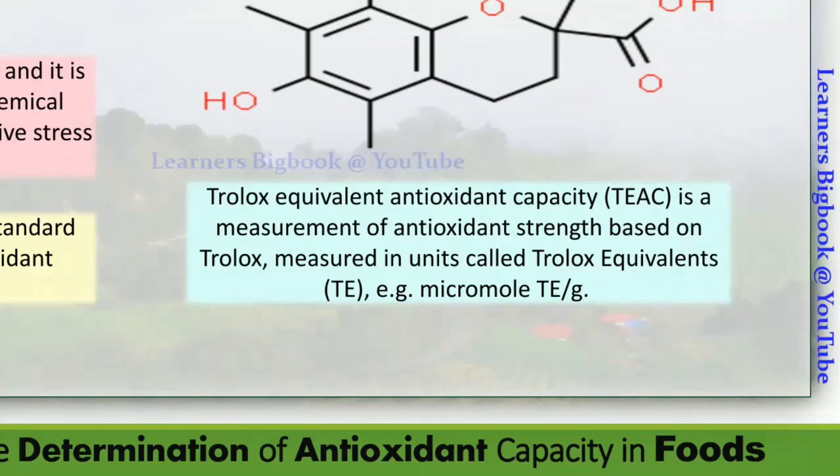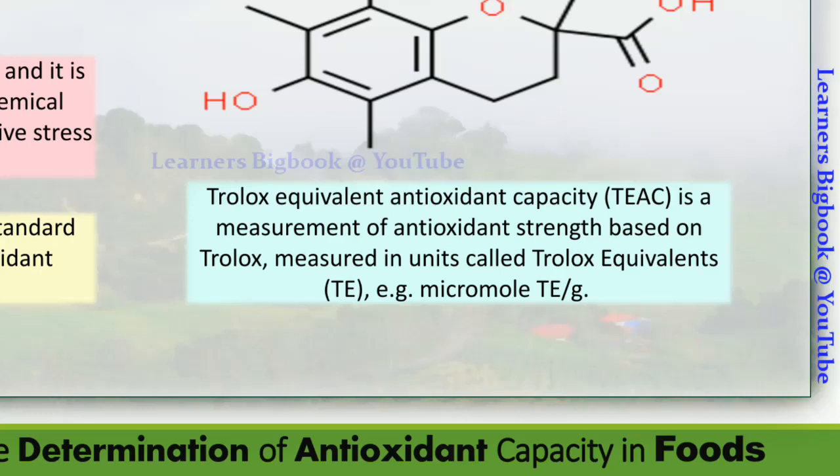It is nothing but the standard reference we are using, that is the vitamins, which we take in the form of known amounts like micromoles and other forms of molecular weights, as the reference where we conduct those experiments and compare the sample antioxidant with that standard according to that particular calculation.